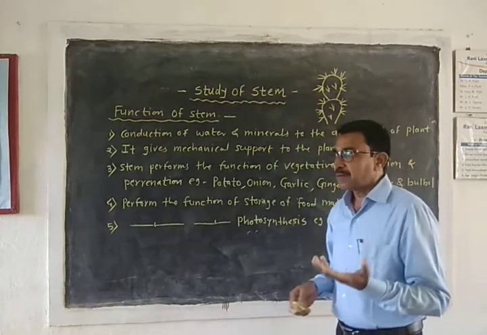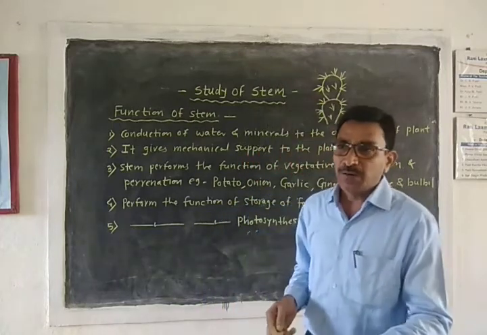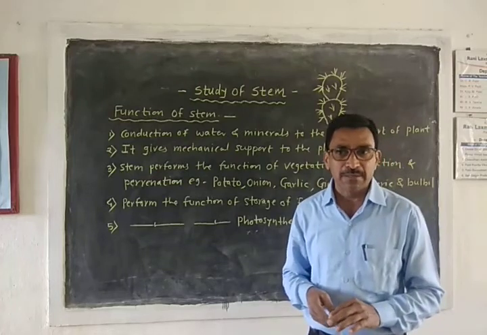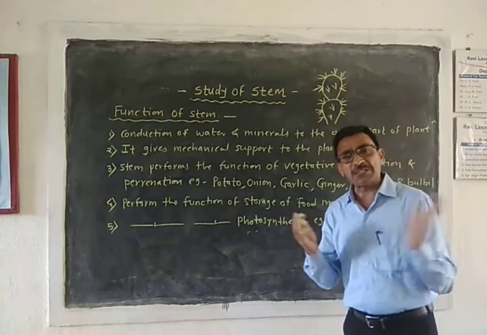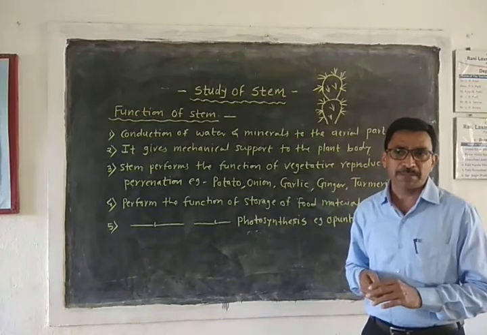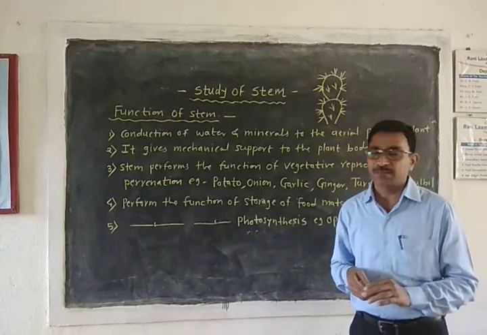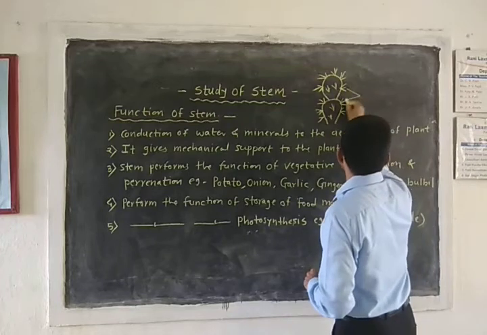Where the temperature is excessive and water level is very low, there is excess transpiration, and to reduce the rate of transpiration, the leaves are modified into spines. These are the spines.